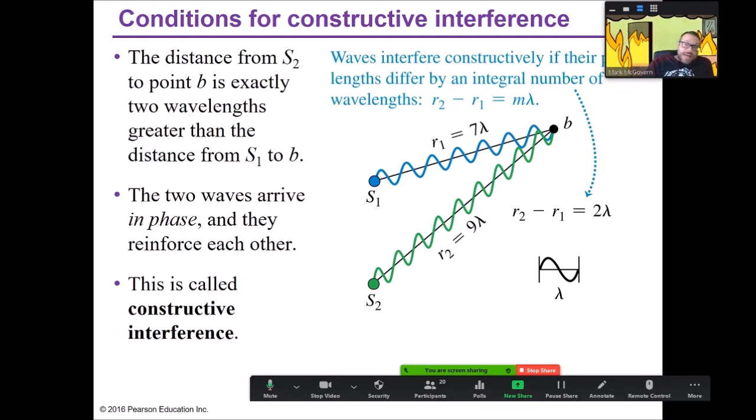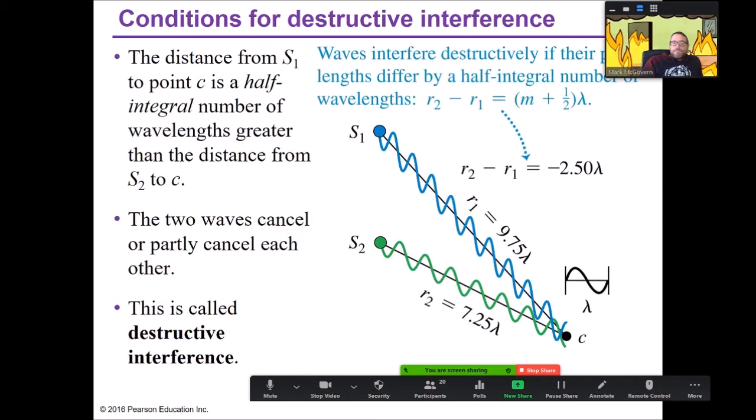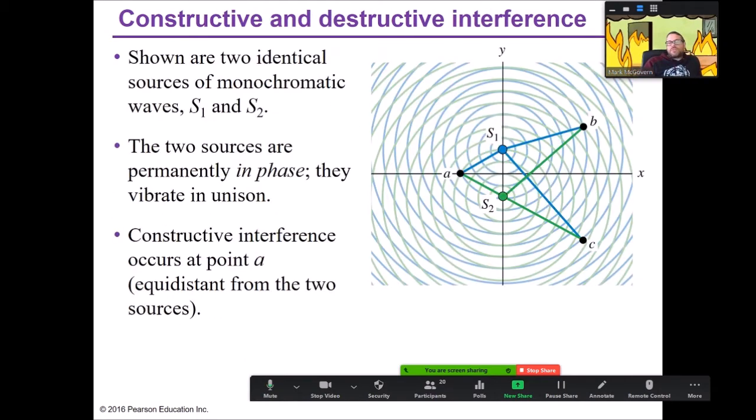As long as that is a multiple of lambda, we're still going to have constructive interference. You don't necessarily have to have the exact same distance; you need multiples of your wavelength so that the crests line up. That's the idea.